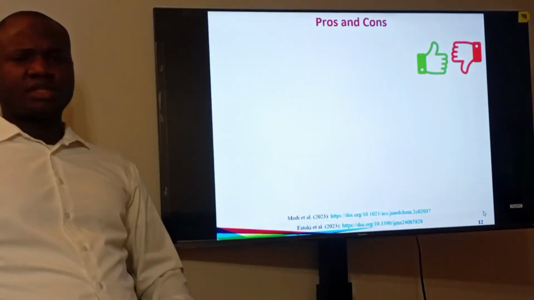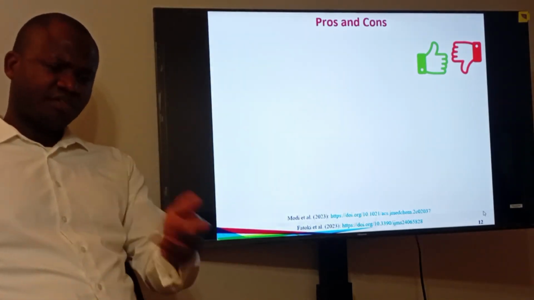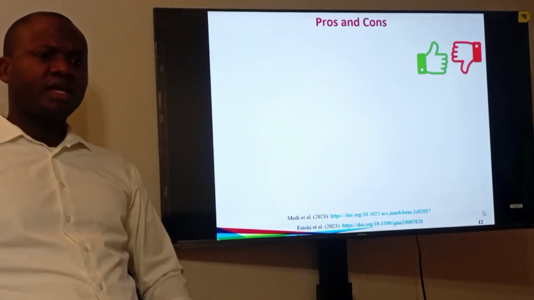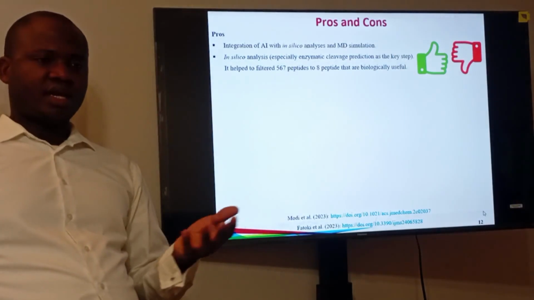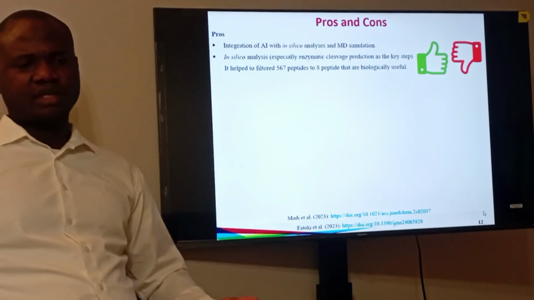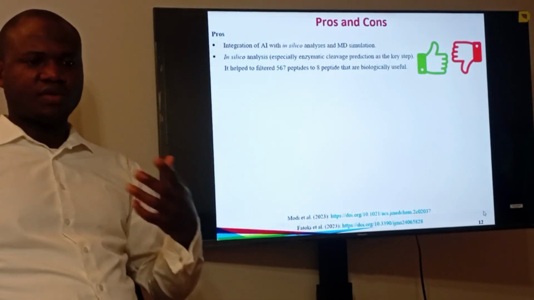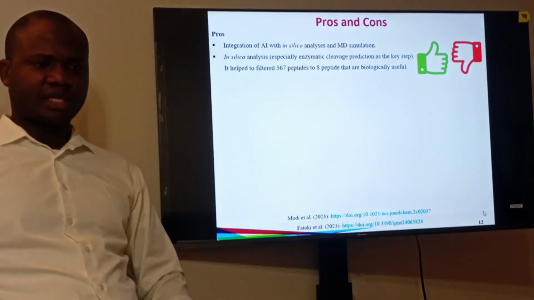So what are the pros and cons that I found in this particular work? I gave all the references for what I put up over here. You can see the pros: they integrated AI, using RFdiffusion, which is a new model of peptide design. They integrated this with in silico analysis, and then conducted the molecular dynamics simulation.